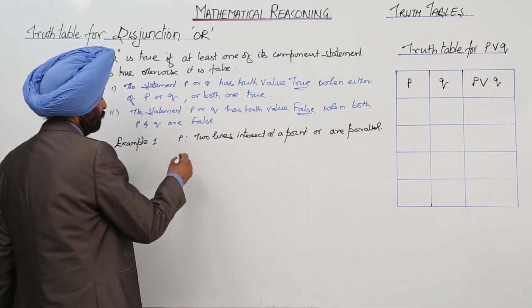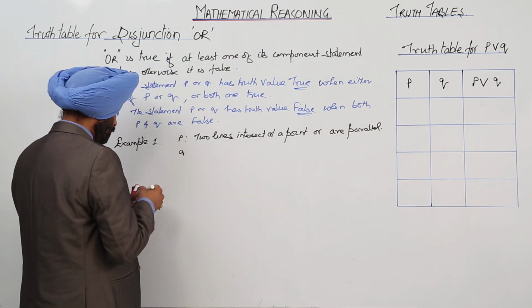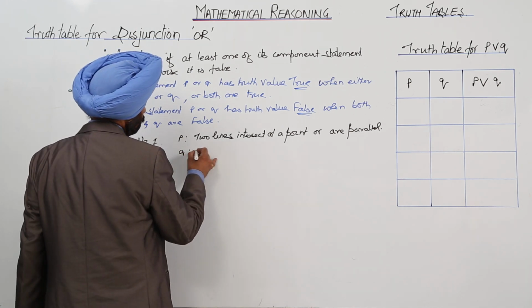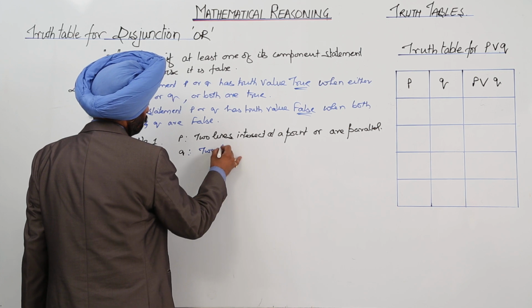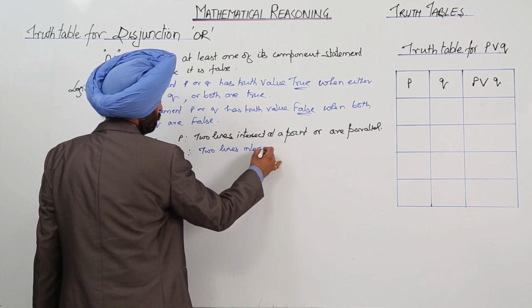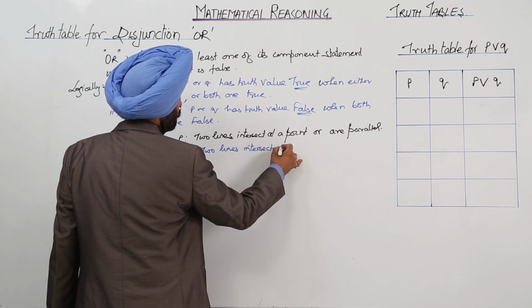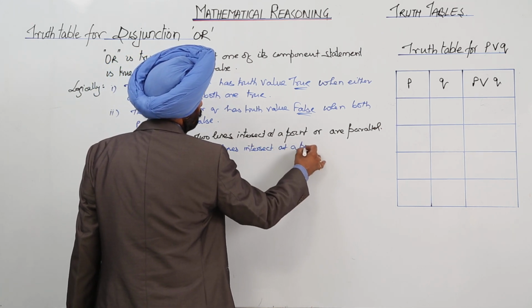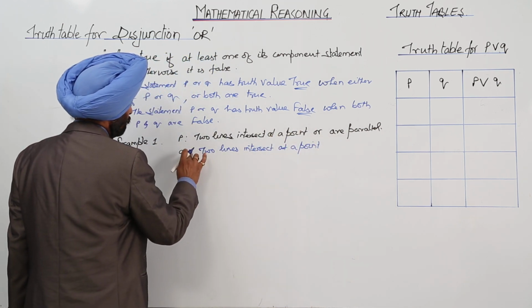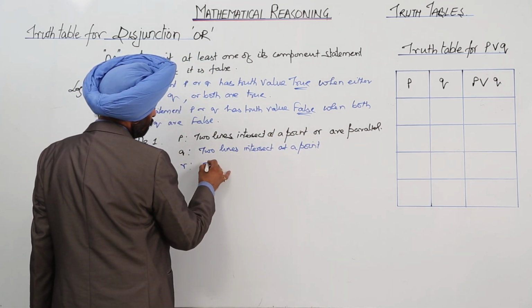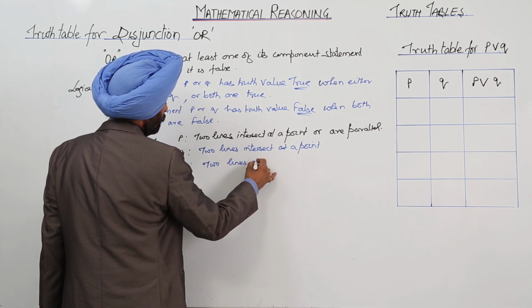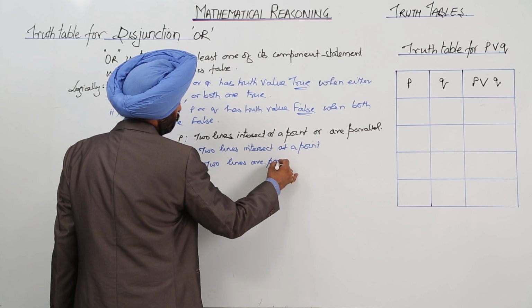Now let's check it. Now Q. Now what Q says? Two lines intersect at a point. R: two lines are parallel.